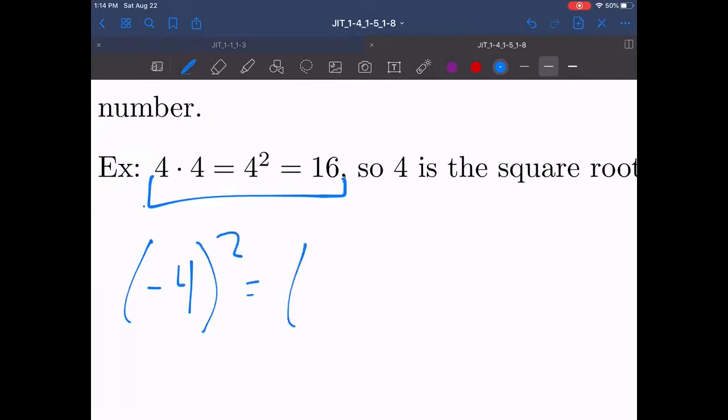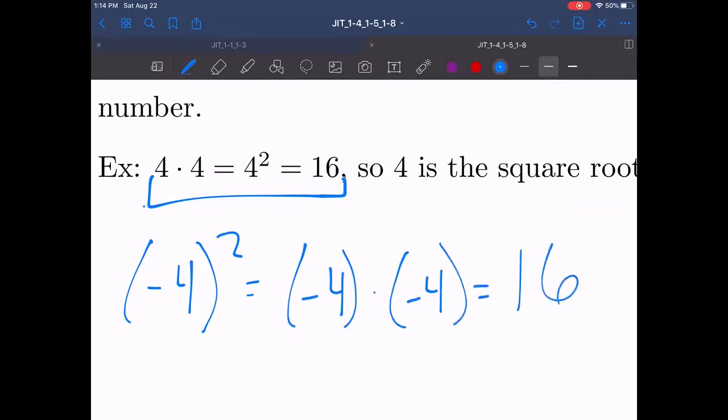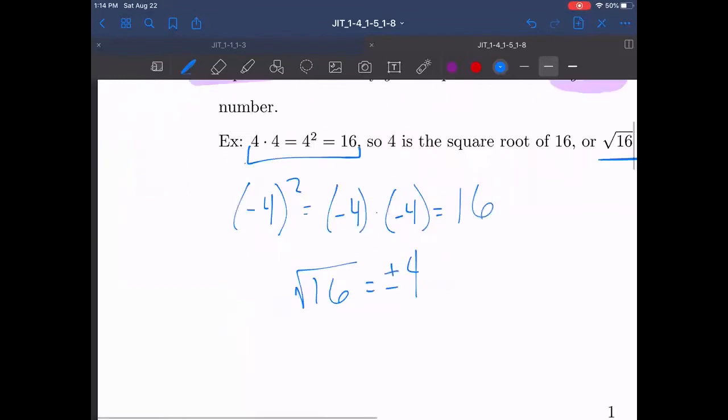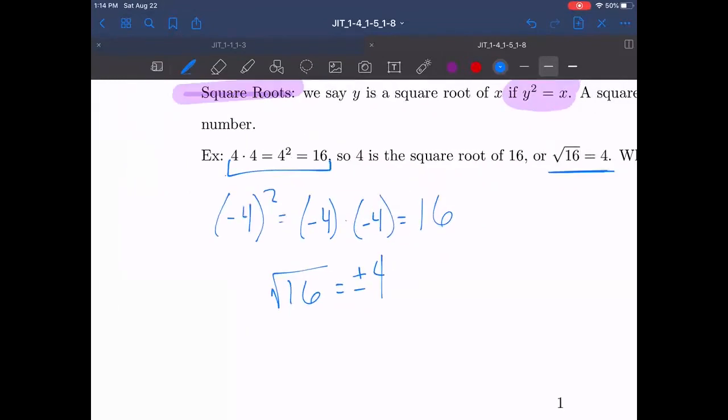That's negative 4 times negative 4, which is equal to positive 16 as well. So if we've got the square root of 16, that can be either positive or negative 4.